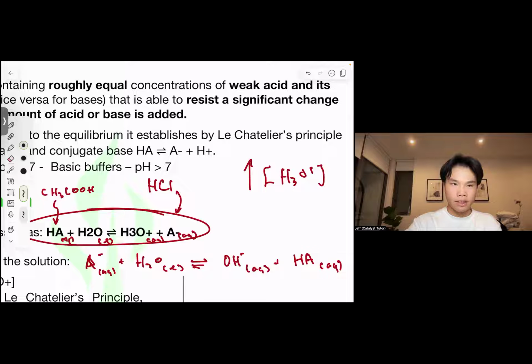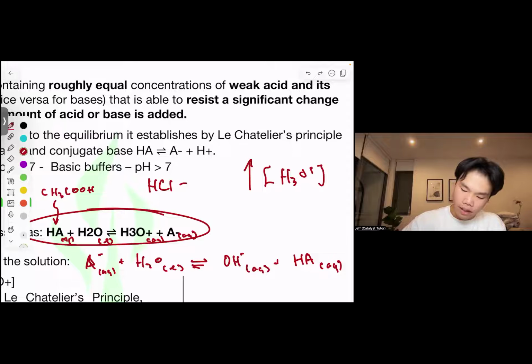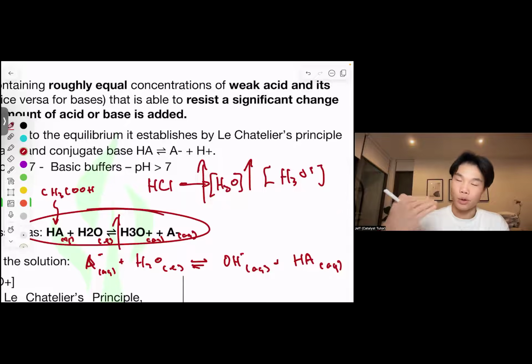Good, okay. So equilibrium will shift left due to the increase in H3O plus concentration. If you add HCl, it will react with water and make the H3O plus concentration rise. That's going to cause H3O plus to rise in accordance with Le Chatelier's principle, which states that a system will counteract change to minimize that change.